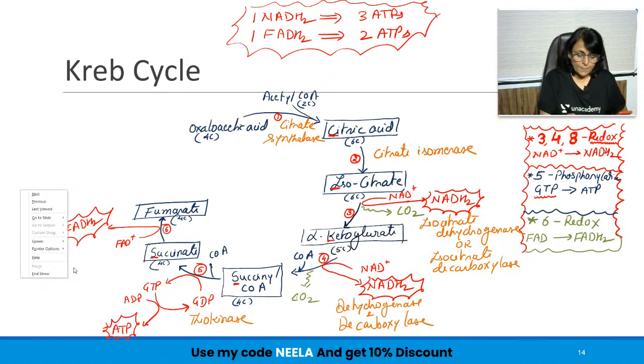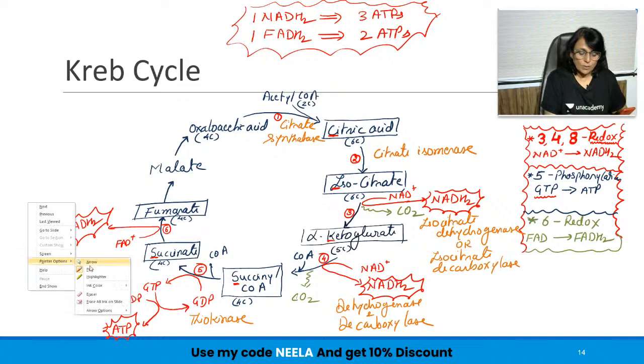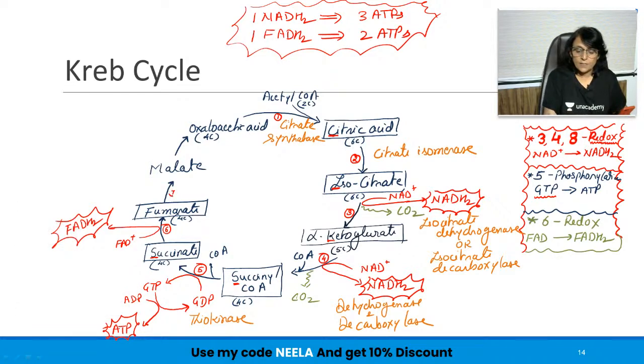The next step is it is going to change into malate. Let us write down the step numbers so that we know what is happening where. This is step number 7.